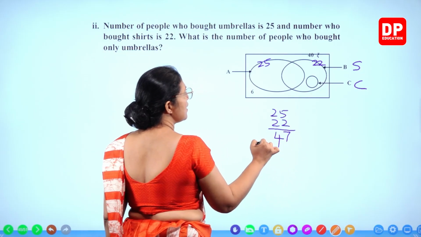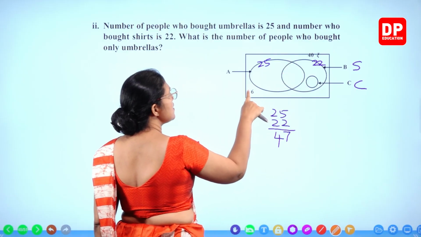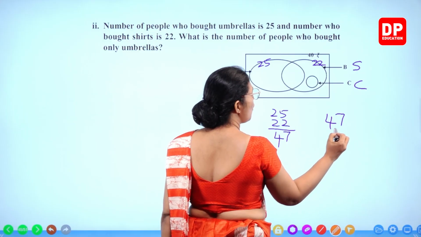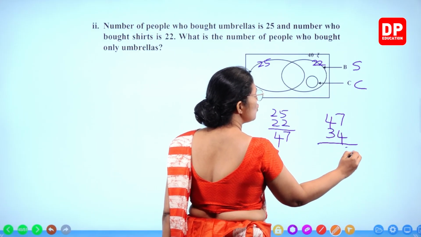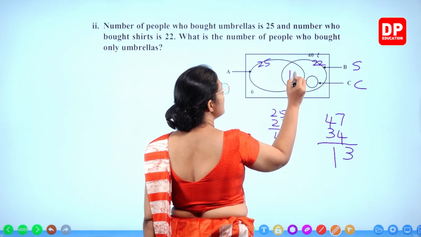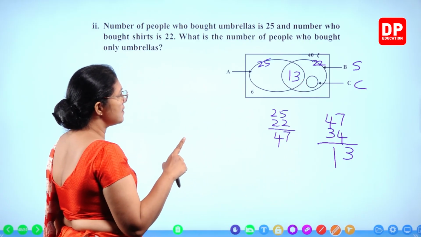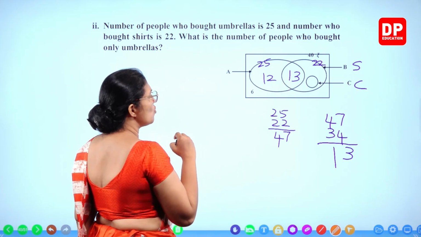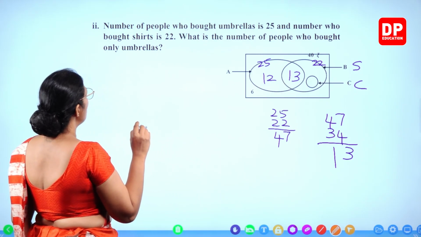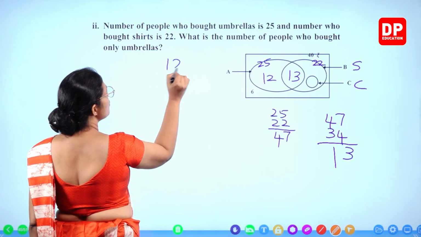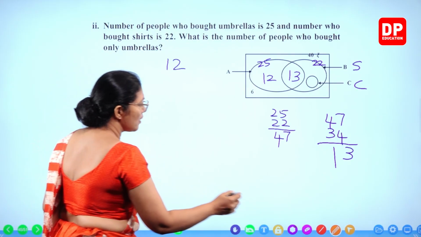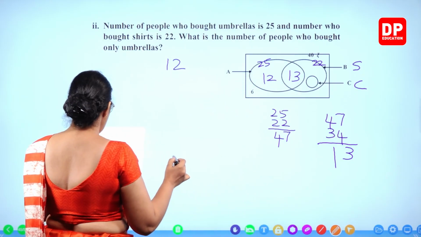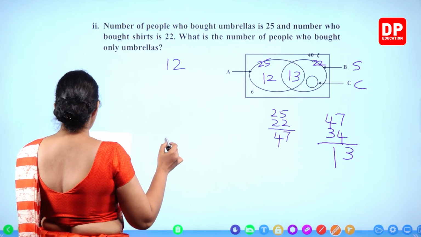That's 47. 40 minus 6 is 34. So what is the difference between 47 and 34? That should be the middle part. So that's 13 here. Then if this is 13, 25 minus 13, that's 12. So number of people who bought only umbrellas is 12 people. So let's give marks. So for that, you are getting 2 marks.